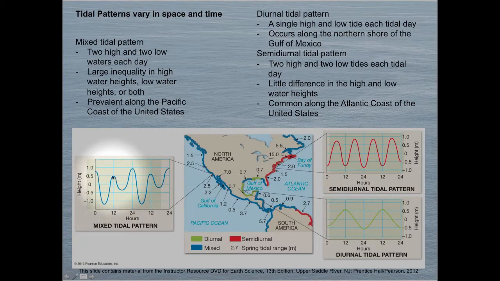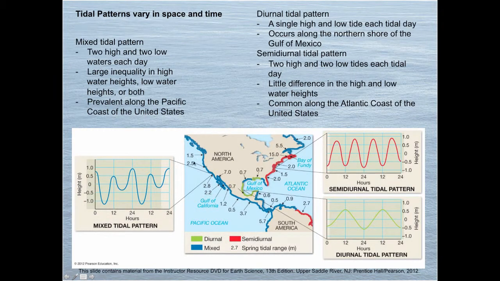Then high tide number 2 is at a different level. It's 4 or 5 inches less than the first high tide. And then the second low, look at how much higher that second low is relative to the first. This is what's called a mixed tidal pattern. And that's actually what dominates in the Pacific Ocean, especially on the west coast of the United States, as well as on the west coast of the Florida shoreline.